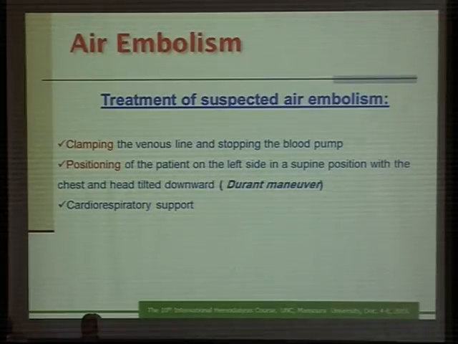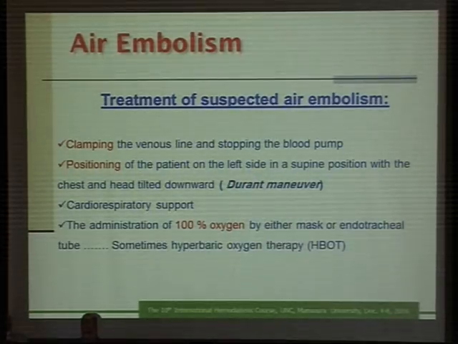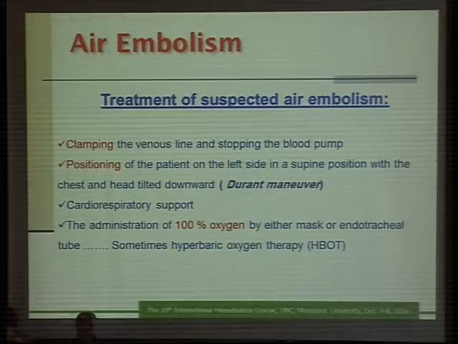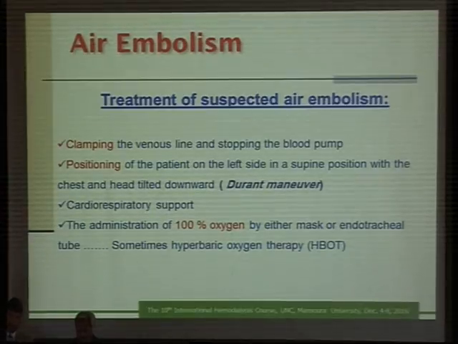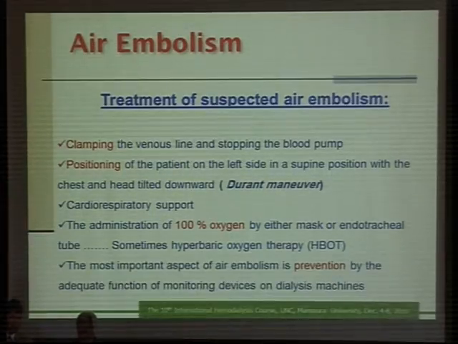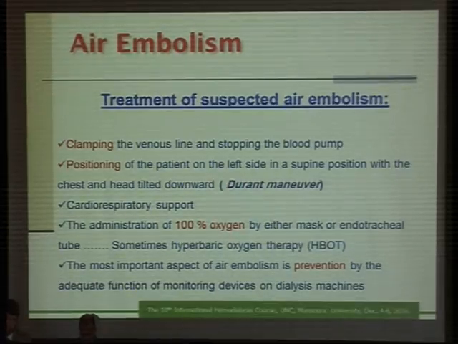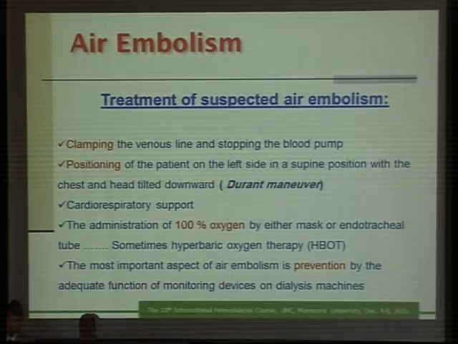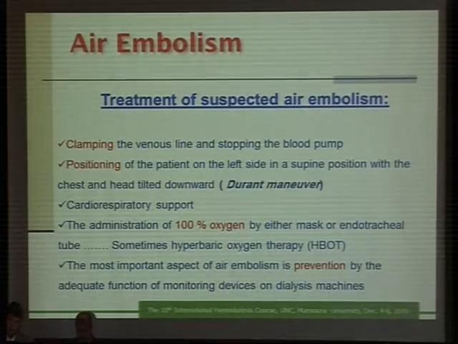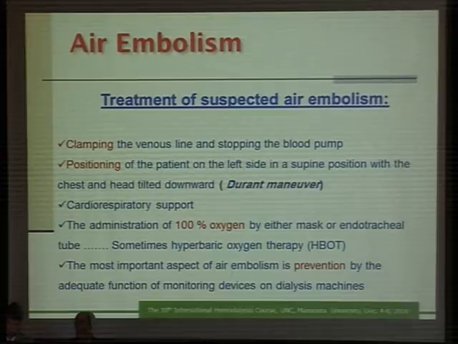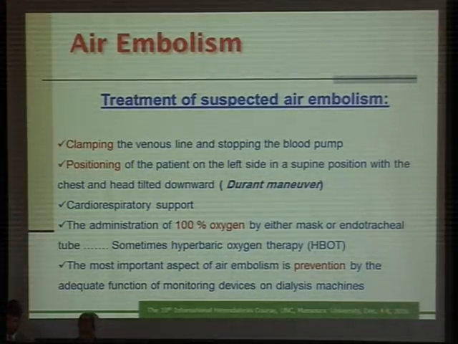Start cardiopulmonary resuscitation with administration of 100% oxygen, either by mask or endotracheal tube. Sometimes we use hyperbaric oxygen. And the most important aspect of air embolism, as in all hemodialysis catastrophes, is prevention by adequate function and monitoring of the dialysis machine.